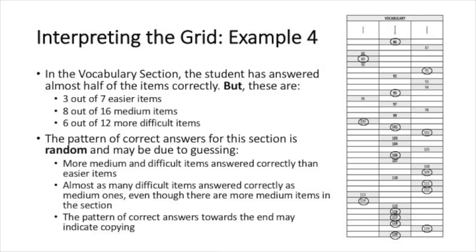Now, the pattern of correct answers for this section is random and may be due to guessing. First, because more medium and difficult items were answered correctly than easier items. Second, almost as many difficult items were answered correctly as medium ones, even though there are more medium items in the section. And third, the pattern of correct answers towards the end may indicate copying.